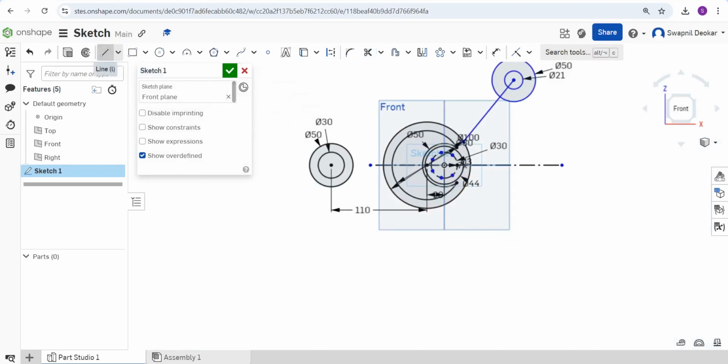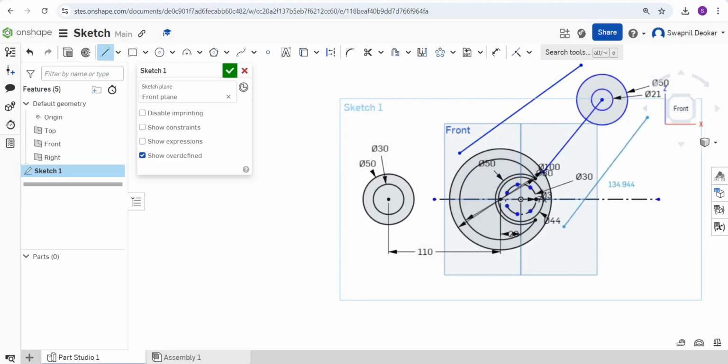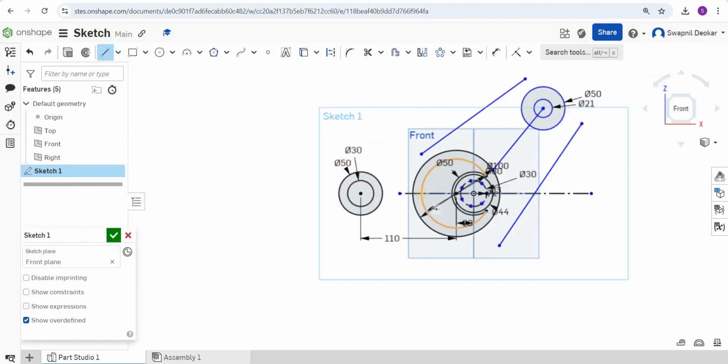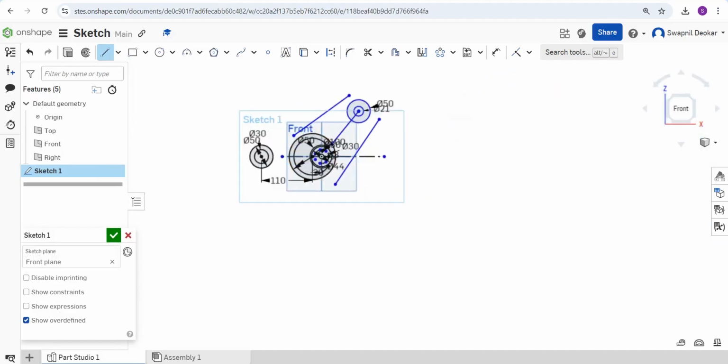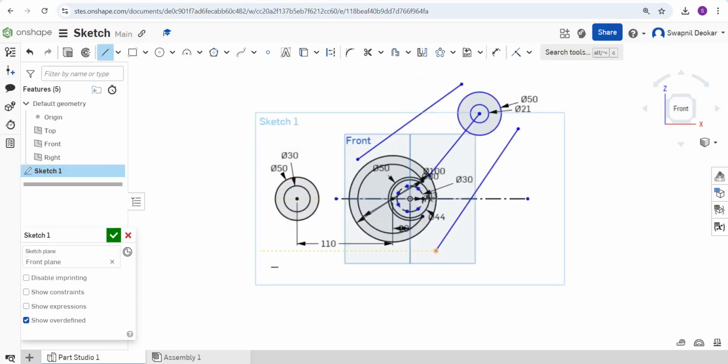Now let's draw the lines. So I'm going to draw this line like this. Again, a line. This line is like this. Again, another line I'm going to draw. Let's make it here. Line like this.